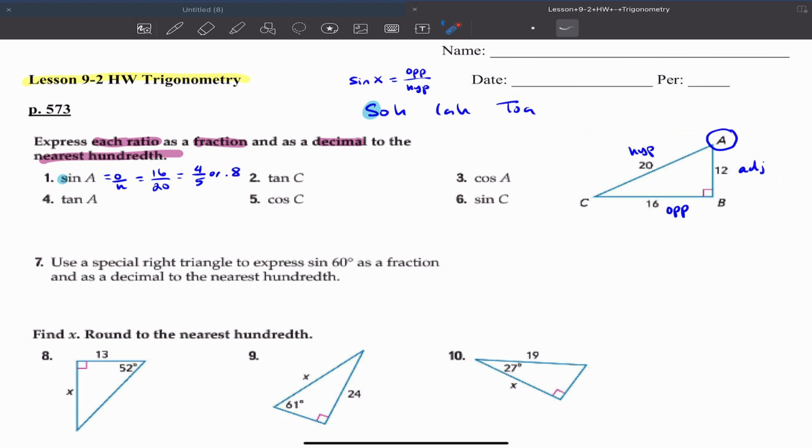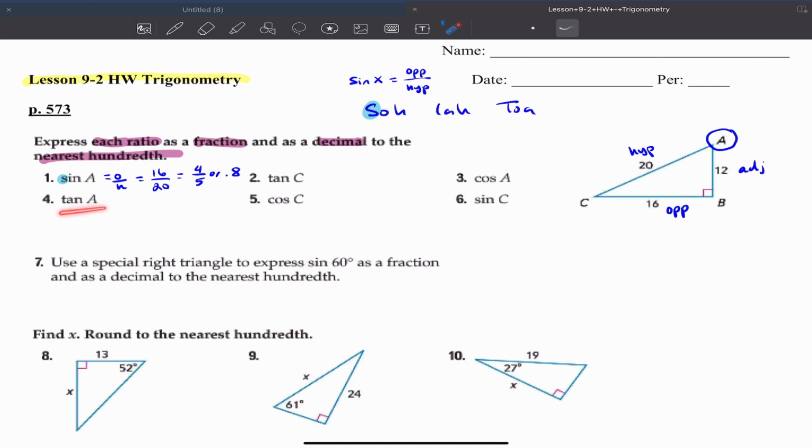But with your paper, since it's a physical paper, I would just redraw the figure. Actually, no, never mind. Why? Because we're still dealing with tangent of A. All right, let's do tangent of A, and then I'm going to get to my point about drawing the figure.